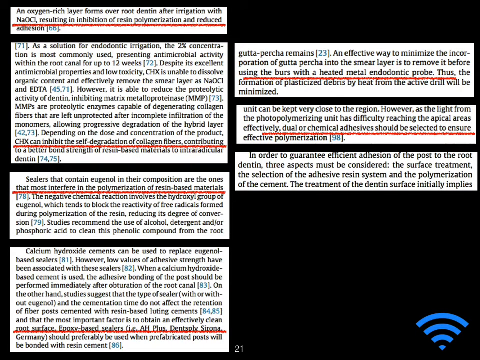Sodium hypochlorite is used during root canal cleaning and shaping, and the negative effect on resin polymerization can be minimized by removing the smear layer using EDTA, and then if you could wash the canal with saline and then use chlorhexidine, this will inhibit the self-degradation of collagen fibers. Also, if you consider using non-eugenol based root canal sealer, this will prevent any future interference with the post-space cement, which is usually resin based.